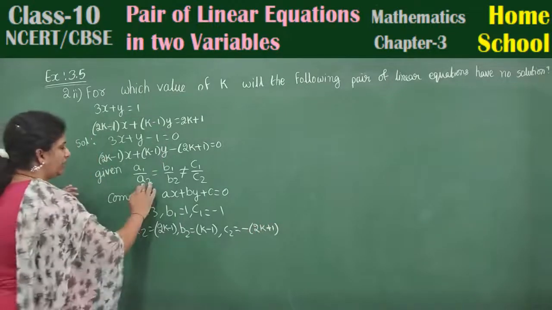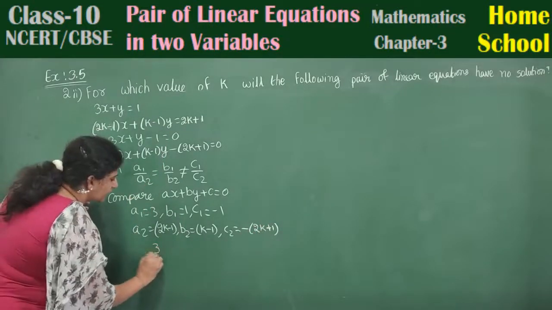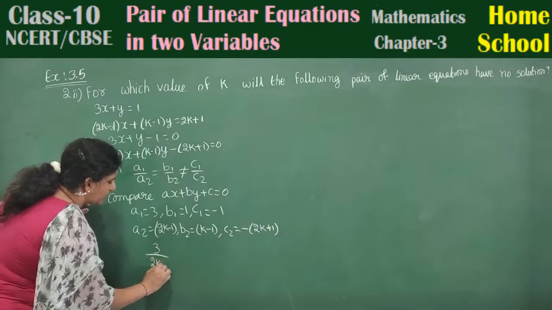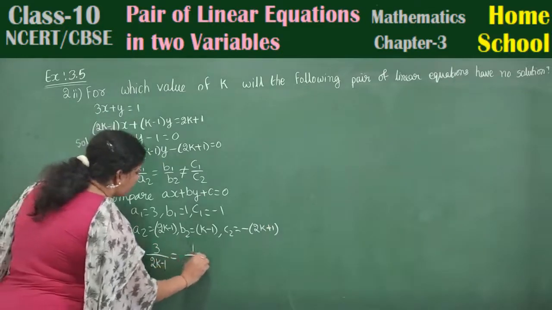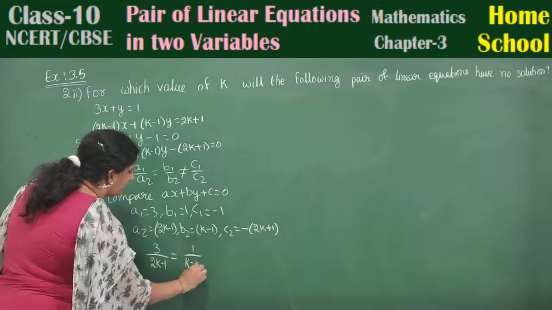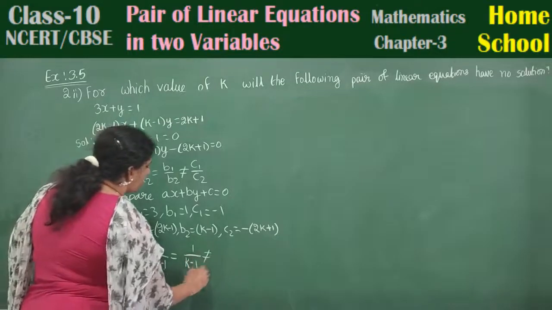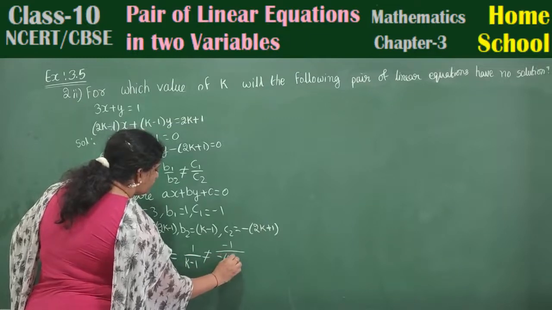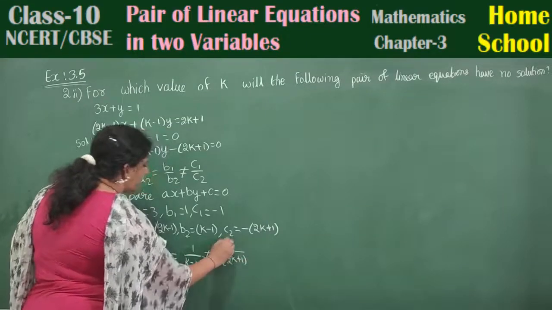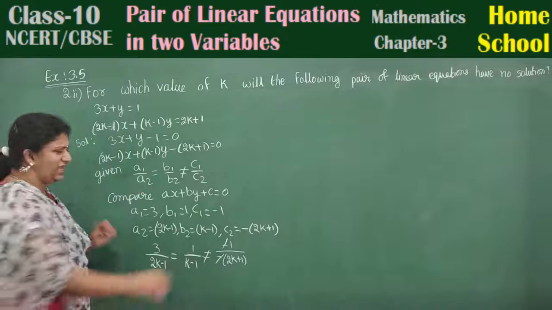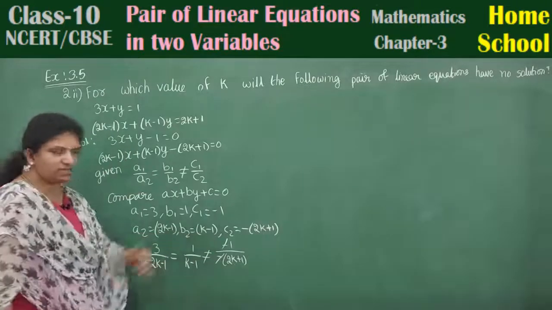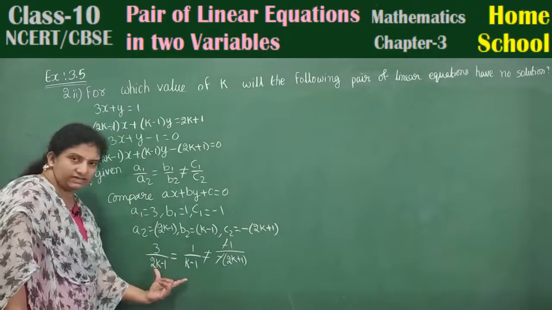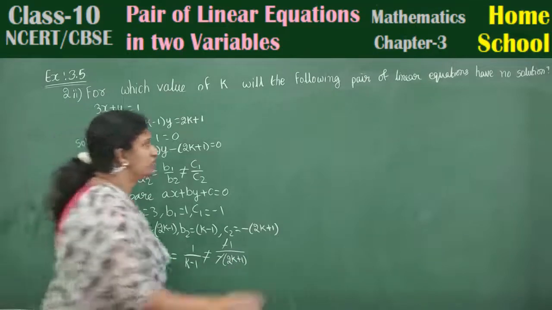Okay, now write like this: 3 by 2k minus 1 is equal to 1 by k minus 1 is not equal to minus 1 by minus of 2k plus 1. Minus minus cancel. Anyhow, that is not equal, children. We can skip this. Let us compare these two ratios.